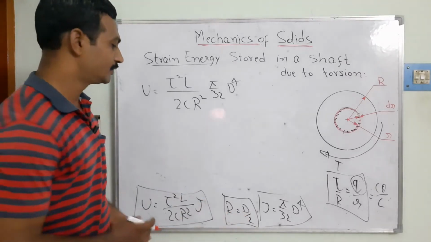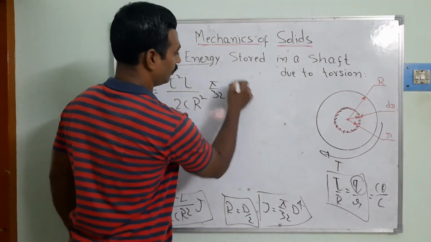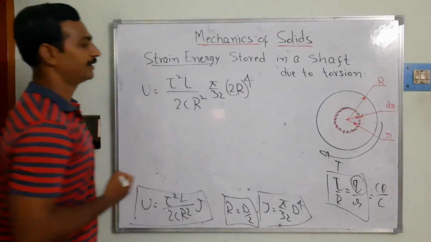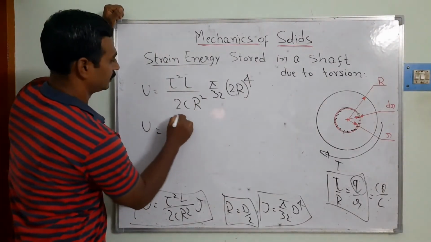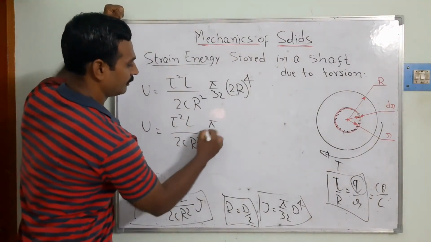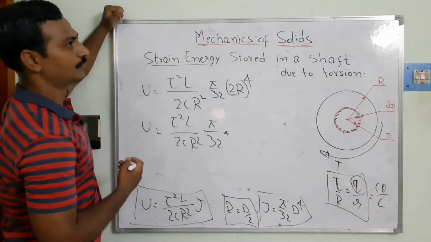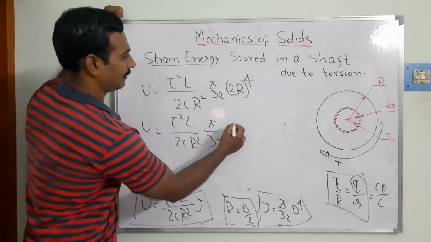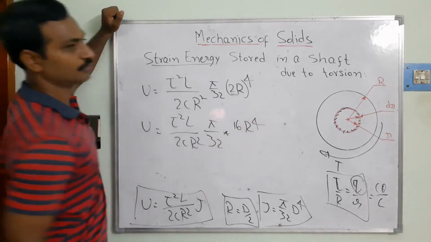So I write 2R whole to the power of 4. Further simplification of this equation: tau square L by 2C R square into pi by 32, and 2 to the power of 4 is 16, so 16 R to the power of 4.